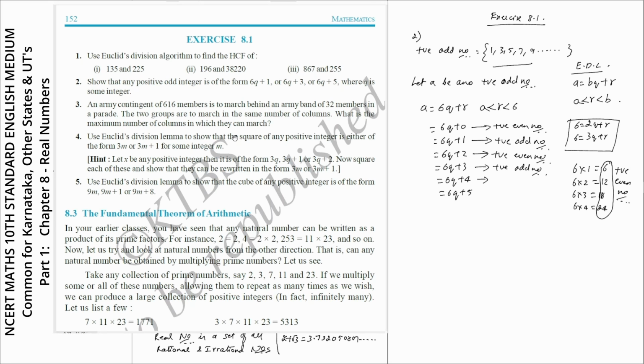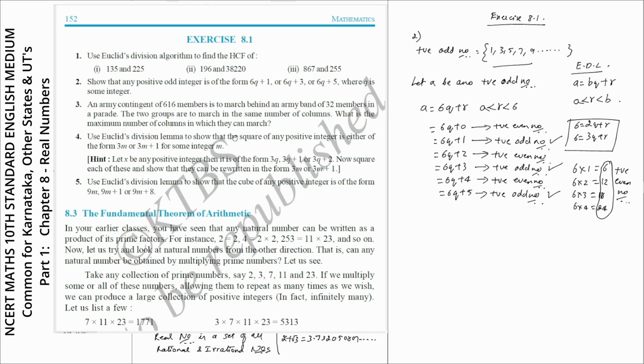To an even number, if we add another even number, that is 4, we get a positive even number. For 6q, an even number, if we add an odd number, that is 5, we get a positive odd number. So now we are interested in odd numbers only.